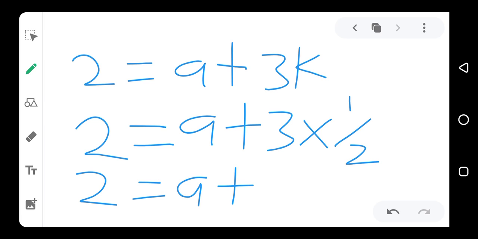Anything on its own is the number over 1. So the 1 up times itself and the 1 down times itself. So it becomes 3 times 1 over 2 times 1, which is 3 over 2. 2 is equal to a plus 3 over 2.